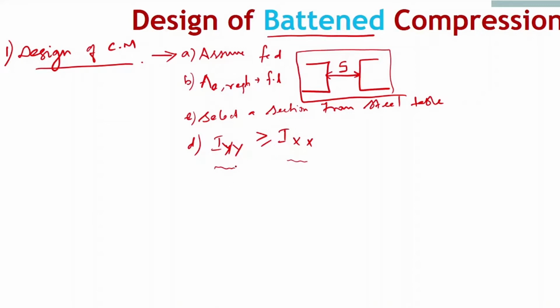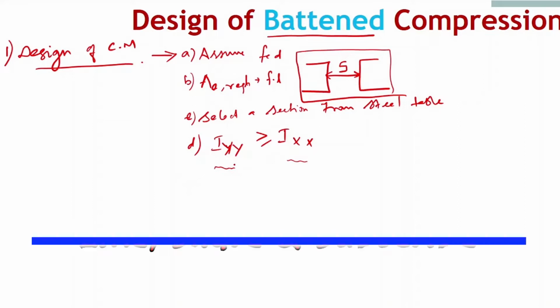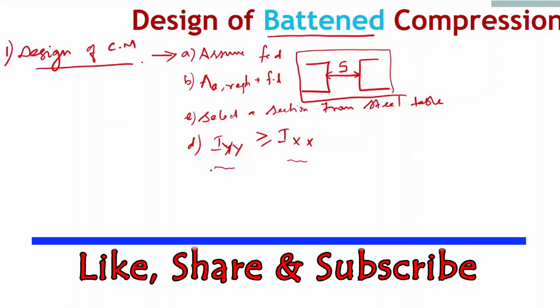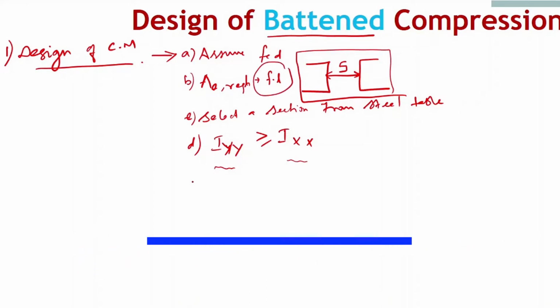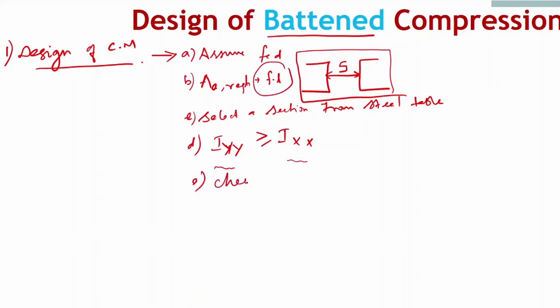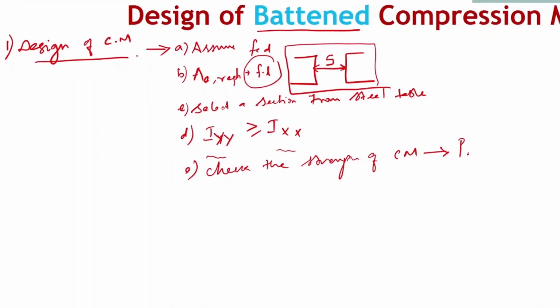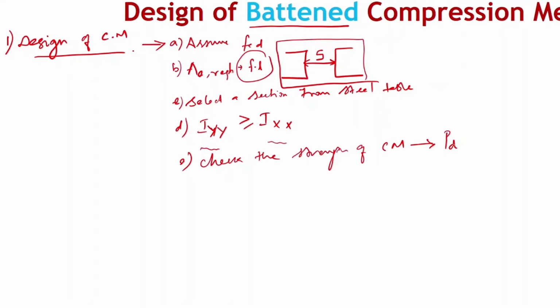Once you have arranged it, that's it. That is the compression member. You have selected a compression member, but you have not checked whether it can withstand the applied factored load. So in the end, you need to check the strength of the compression member. For checking its strength, we have to calculate the load carrying capacity of the compression member, which is equal to area into design compressive stress.